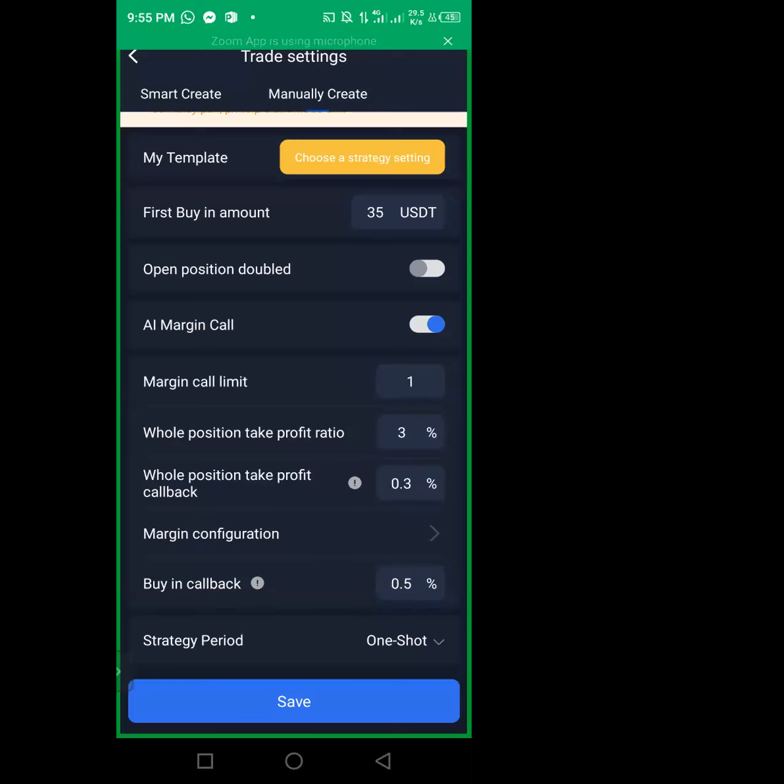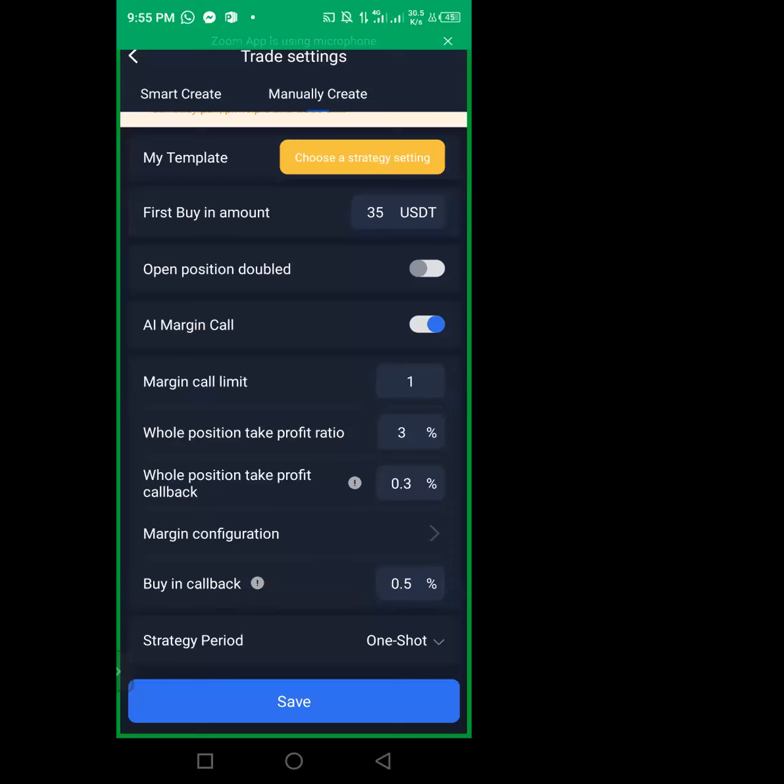But in Royalq, if you set your callback at 0.3 or any percentage, 0.5%, 0.1, and your whole position take profit ratio is 3, if this coin in the midnight or anytime increases to 3%, a sell trigger will be declared.